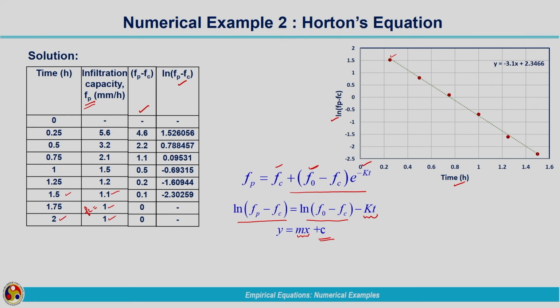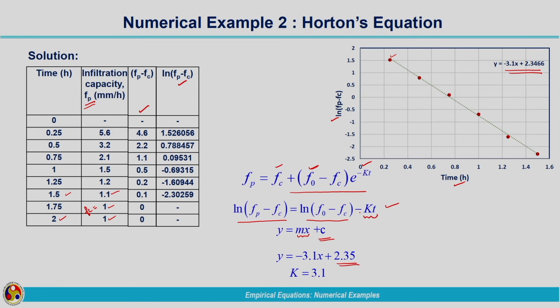After that, what we are doing? We are fitting a best fitted straight line for these data points. That straight line equation is found to be y equals minus 3.1 x plus 2.3466. That equation can be compared with this equation for finding the Horton's parameters. So, y equals minus 3.1 x plus, rounded off, 2.35.